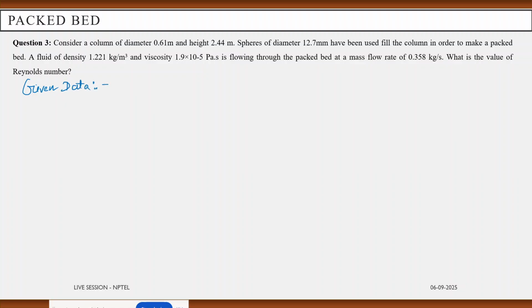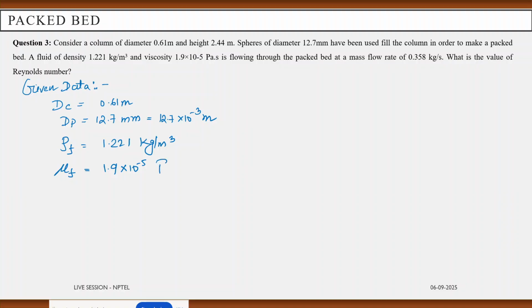Here the given data: diameter of the column is this, particle diameter, fluid density, fluid viscosity, and mass flow rate of the fluid. You have to find out the Reynolds number.